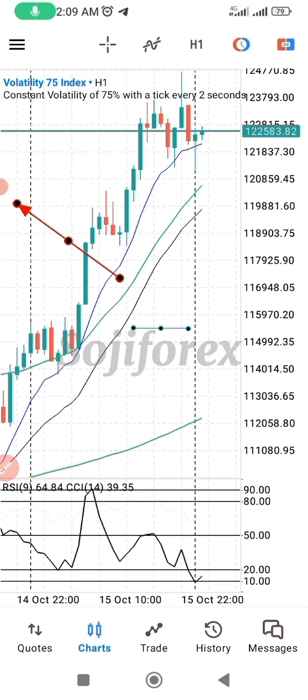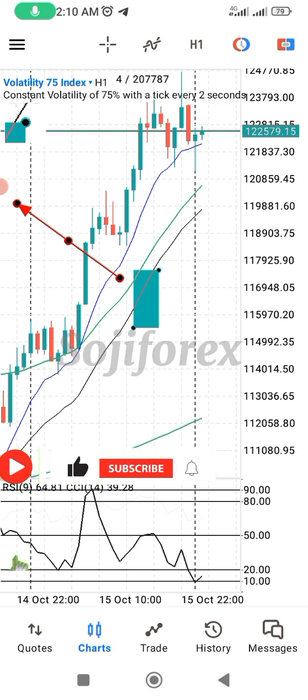The candle has no body. Then suddenly the candle begins to pull to the upside. It will go up and come down. It will go up and come down.